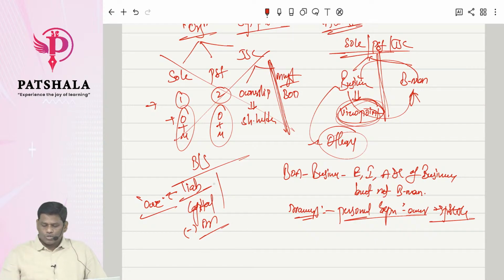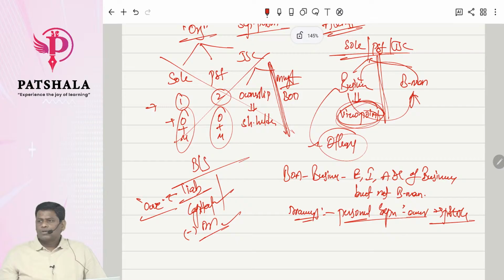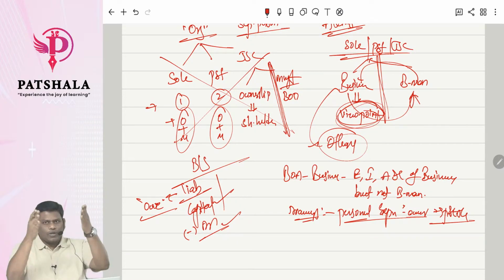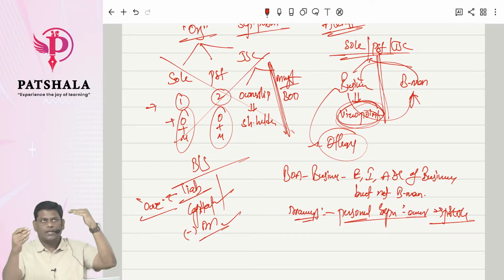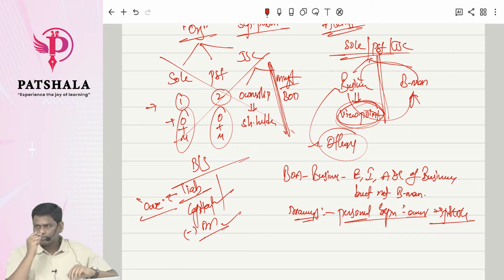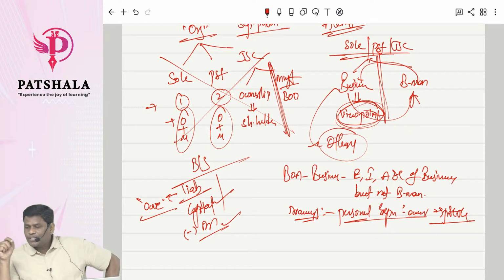What the owner gives to the business is capital. What the owner takes away from the business, I will write in your account, your ledger, that's all. Your account is capital, your account is drawings. Capital is what you gave me, drawings is what you took from me. Capital minus drawings will give you the net. Why do we do that? Because of the business entity concept.